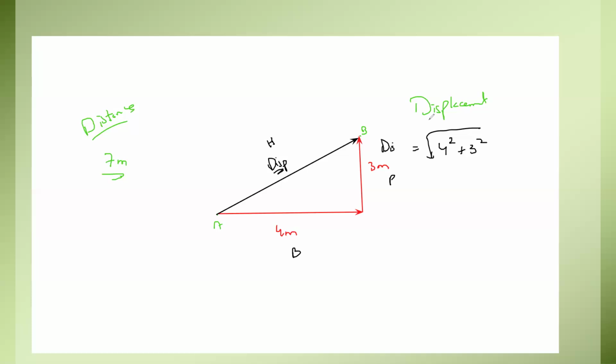What if we need the displacement for an object moving in a circular path? There's an object starting from position A. This is the center. The distance from the center to the surface is the radius. For example, the radius is equal to 10 meters.